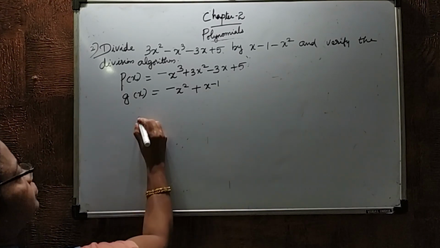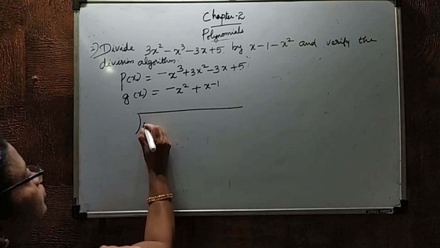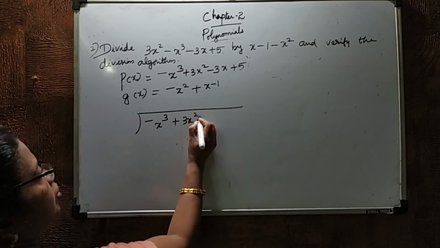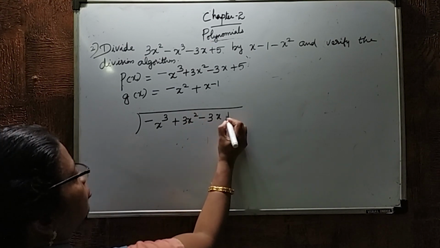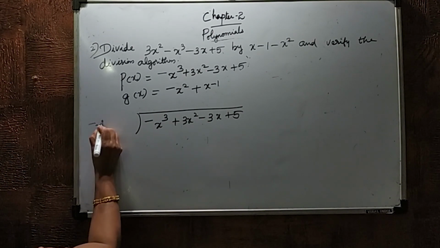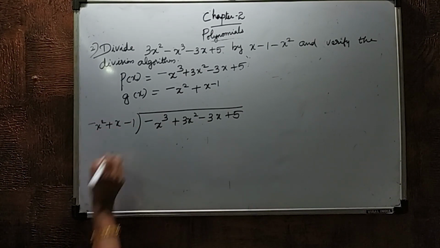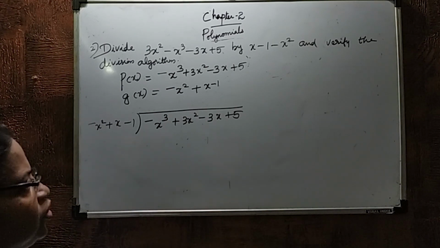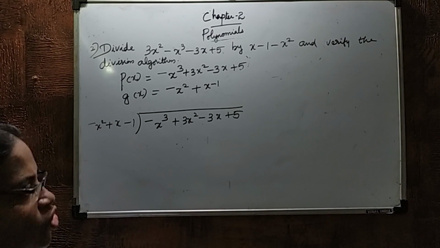We will write here: negative x cube plus 3x square minus 3x plus 5 divided by negative x square plus x minus 1. Now what is the next step? First term of the p of x divided by first term of the g of x.